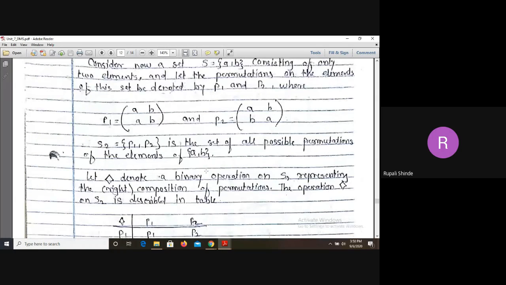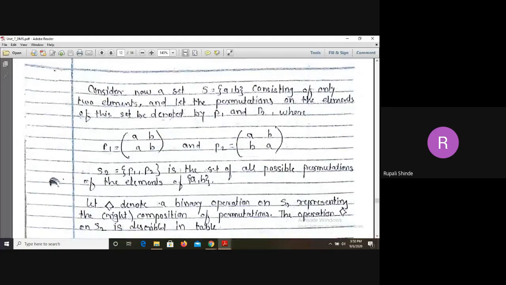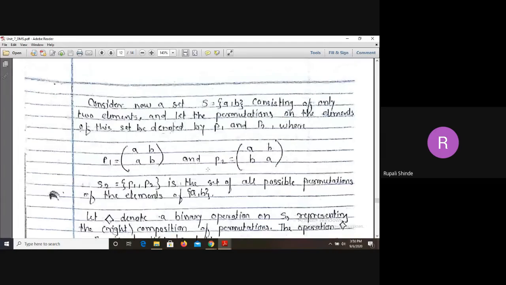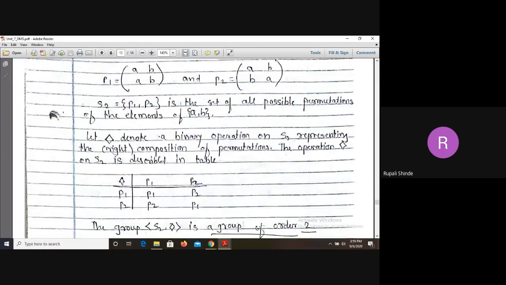So how have we identified how many elements will be there in the permutation table? Because we have seen the formula for the number of permutations is n factorial. Here the value of n is 2 because this set contains 2 elements. So 2 factorial means 2 elements.